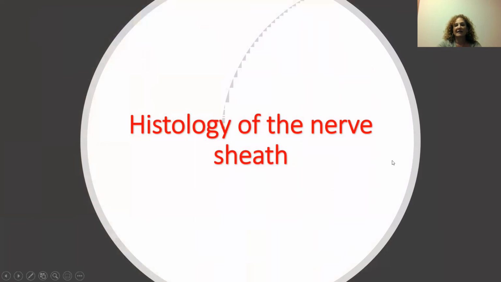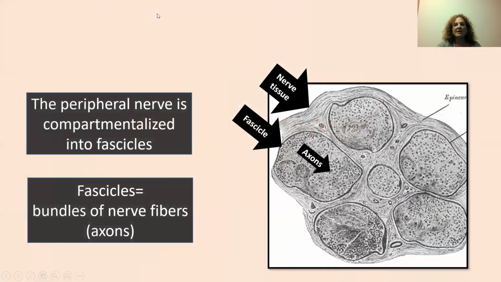Okay, the nerve sheath. Before we head into the CNS, let's complete the peripheral nervous system by talking about the nerve sheath. Just like we did in the muscle, where each muscle fascicle was surrounded by a perimysium, each individual muscle cell by an endomysium, and the entire structure by an epimysium, it's the same thing with the nerve tissue.